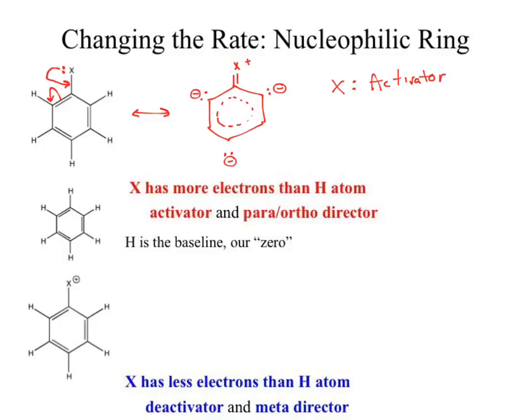Okay. So we can refer to it as a para-ortho director. And I don't know why I just wrote that out, because it's already typed there. Okay. But let's just pretend it wasn't. Okay. You'll notice that when most people talk about EAS reactions and activators in particular, you'll almost always hear them refer to it as ortho-para. And you will probably hear me say the same thing, ortho-para favoring.